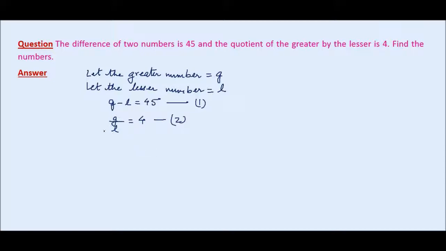Now, I do not like fractions actually. So, let us get rid of this fractional form. How do we get rid of this fractional form? If we multiply both sides of this equal to sign by L, what do we get?